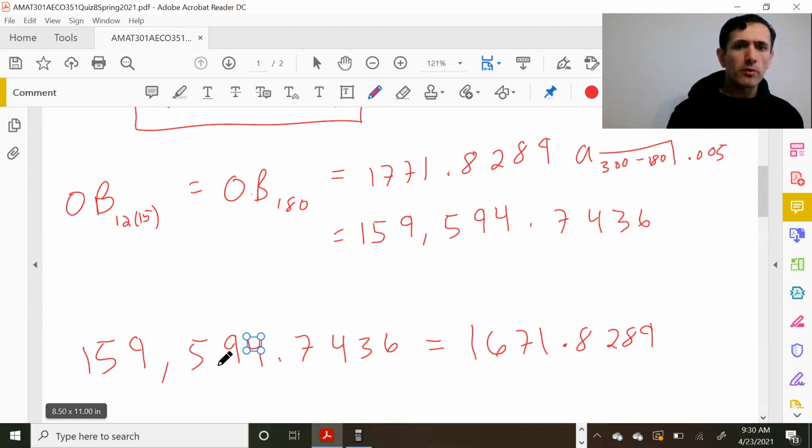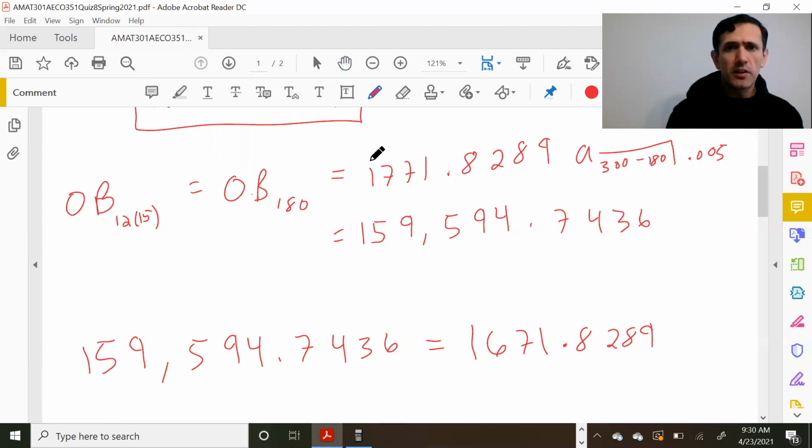The loan amount is the present value of the loan, sorry, mortgage. Well, mortgages obviously are loans. So the present value of the mortgage is the mortgage amount. This is the mortgage amount, 159,594.74. This is the present value, 1671 and roughly 83 cents.